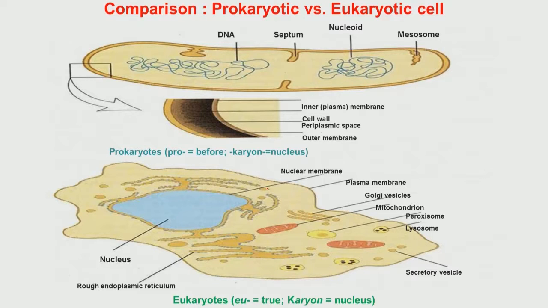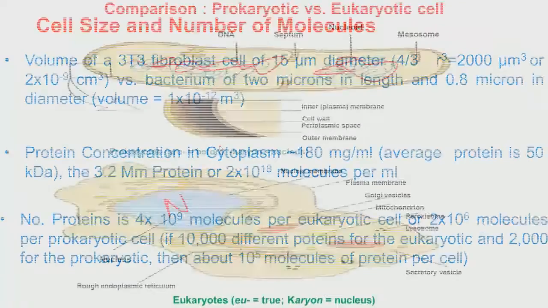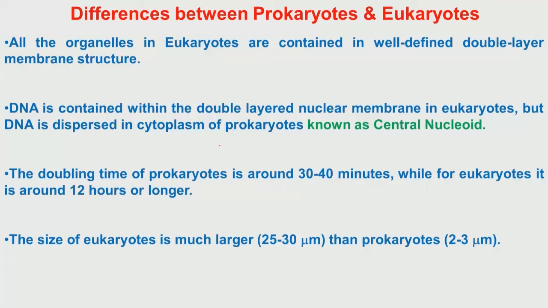In prokaryotic cells, there is no well defined nucleus like what you have in a eukaryotic cell. Instead, DNA, as you can see in the very coiled form, is dispersed in the cytoplasm of a prokaryotic cell. So, this is the major difference between prokaryotic cells and eukaryotic cells.